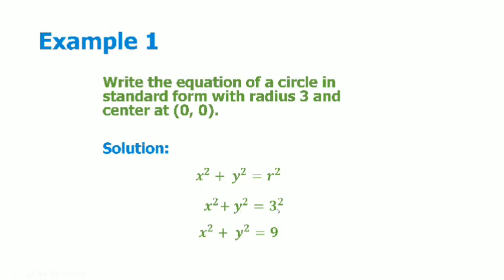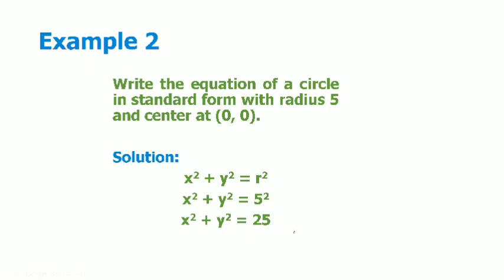Given the radius equal to 3, we will substitute r with 3. So we have now x squared plus y squared equals 3 squared. And then we will simplify the squared radius. So 3 squared is equal to 9. Therefore, our final equation is x squared plus y squared equals 9.